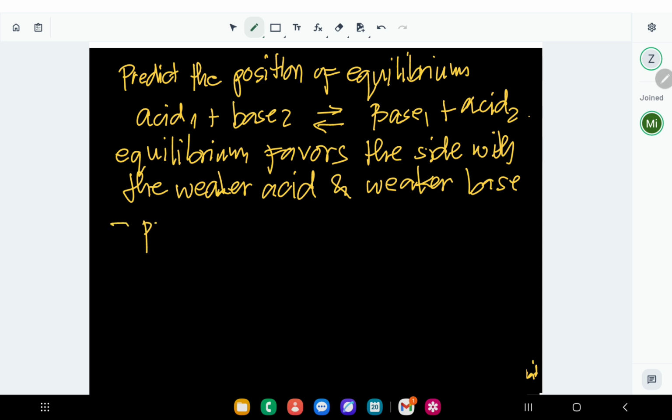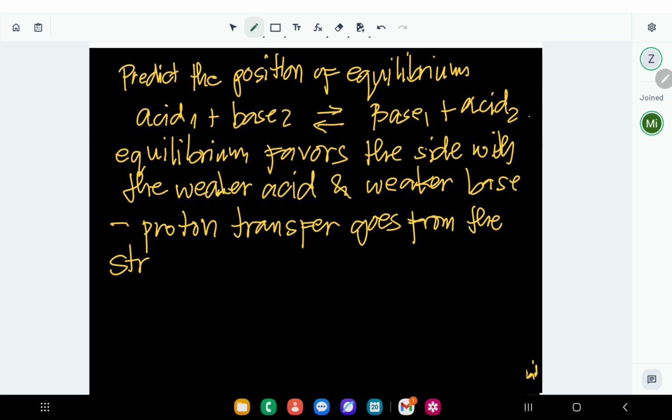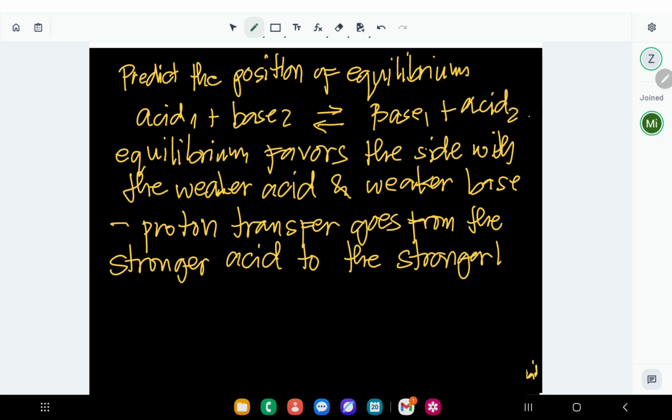So let me just write that down. Proton transfer goes from the stronger acid to the stronger base, producing weaker species.